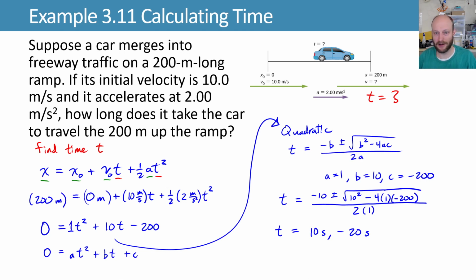That's not what's going on here. This is just an artifact of the math. We need to look back at the physical reasoning and say, okay, we start from time equals 0, and we're really only considering times greater than 0 here, because we're marching forward from time equals 0. So the actual answer here would be it takes 10 seconds to get to the top of the ramp, assuming that that's our acceleration.